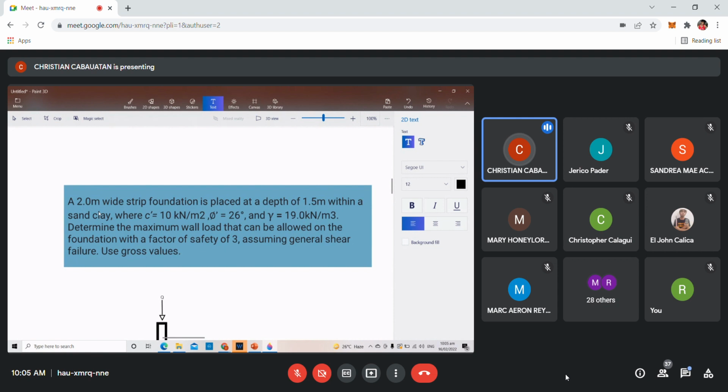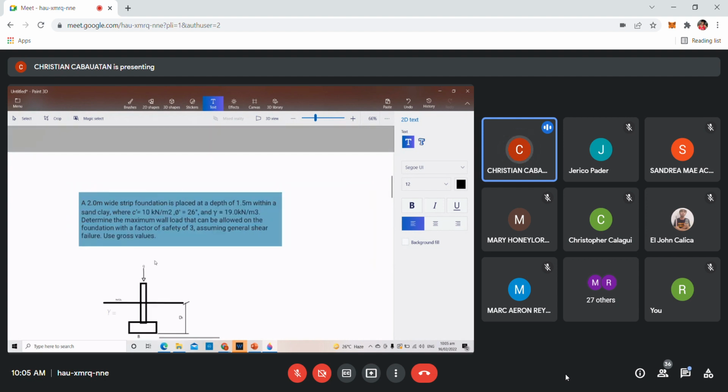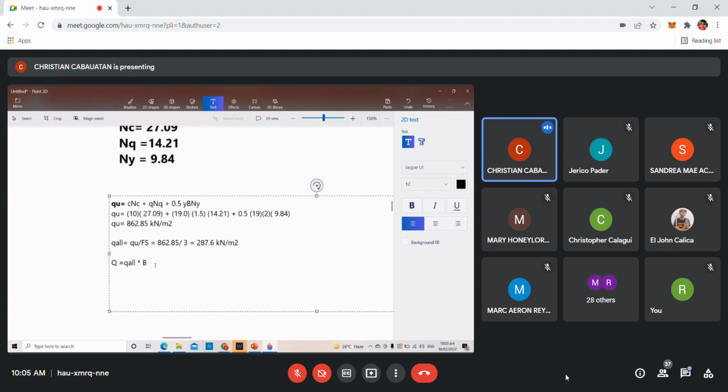Kapag hindi stated, kapag strip foundation siya, for example, it is a 5 meters wide strip foundation, ang gagawin nyo dyan, it would be a default as a per meter length. Okay? So, the area, therefore, is 2 times 1. Okay? So, Q allowable is 287.6 times 2 by 1.